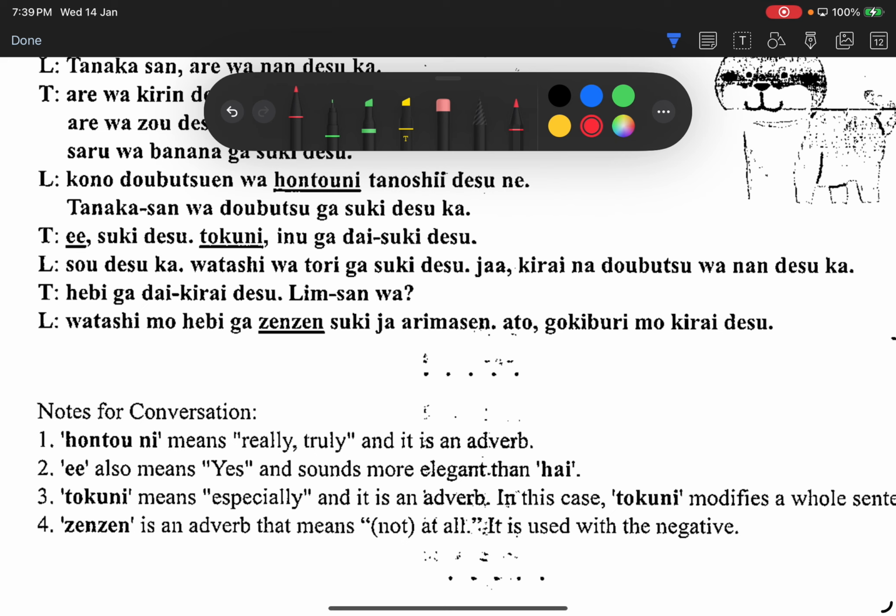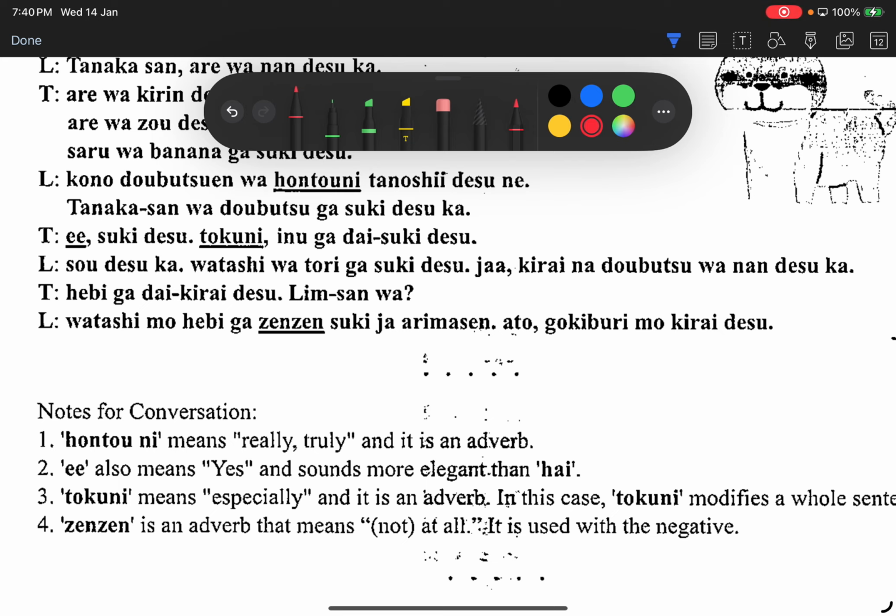So the snake is the object that we hate here. Hebi ga daikirai desu. Rim-san wa? So he's asking him back the question, but he never finished the question. Alright, so what was the question that he asked about? Kirai na dobutsu wa nan desu ka? Right, so he's asking back the same question. Kirai na dobutsu wa nan desu ka?